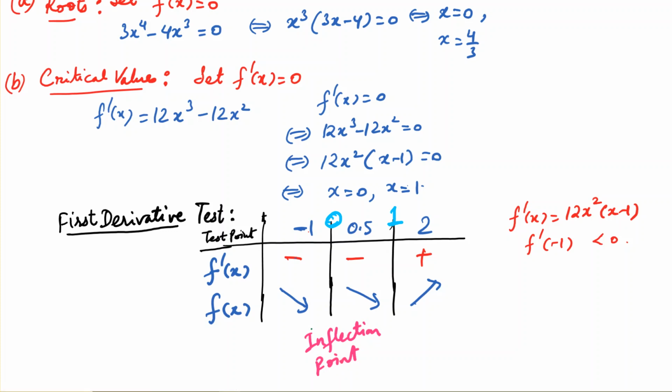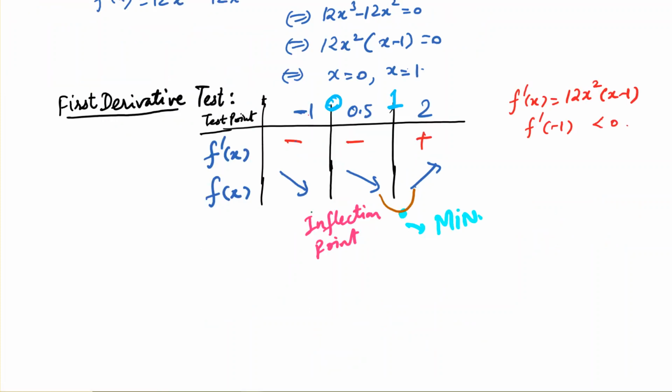For x equal to 1, since the function changes from decreasing to increasing, we get a point of minima, a local minima. An inflection point is a point where the concavity of the function changes.